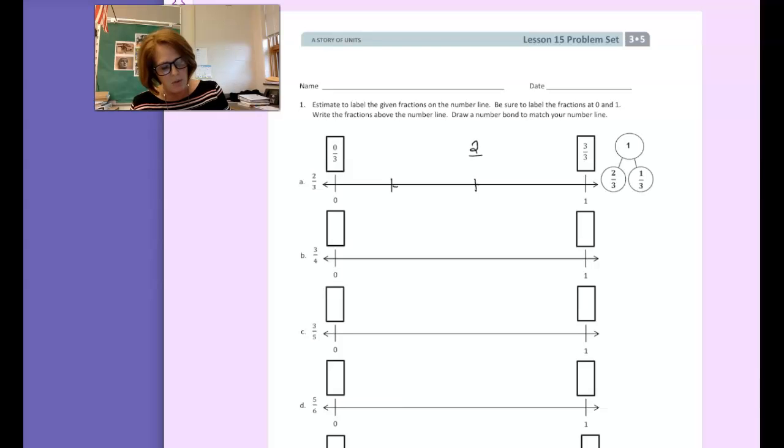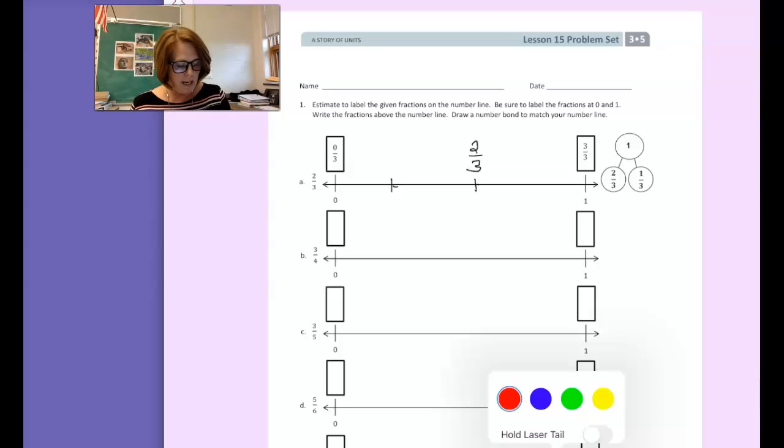So we're going to label 2/3. And in the number bond, we're using this fraction that they start with. So one of our number bond numbers is going to be 2/3. And then how many more thirds do we need to go to get to 1 whole? And that's 1/3.